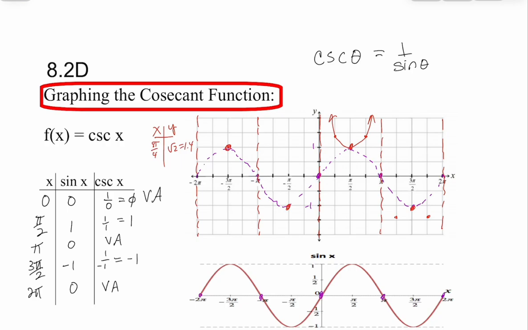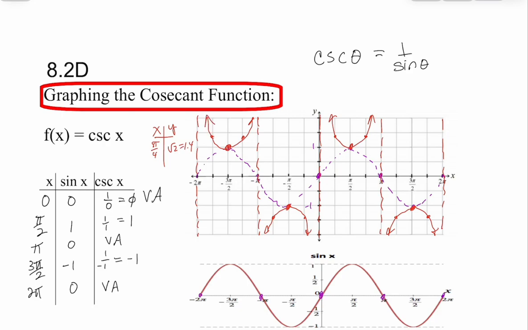The top 2 quadrants are positive for the sine, so positive for the cosecant, and the second 2 quadrants are negative for the sine, so they'll also be negative for our cosecant. So we get some graphs that look like that. If you want to put the 1.4 on, it's fine, but as long as you follow the asymptotes, that's all we really need, okay?